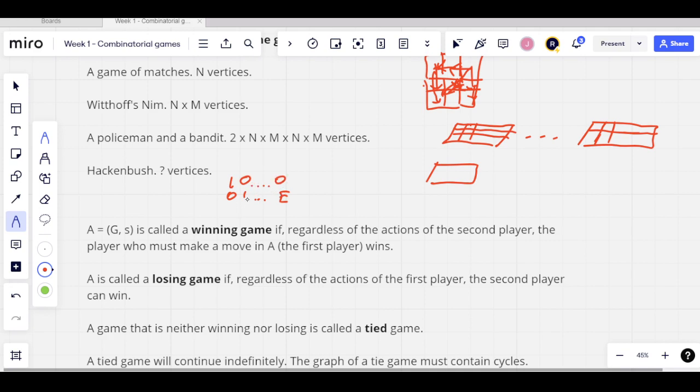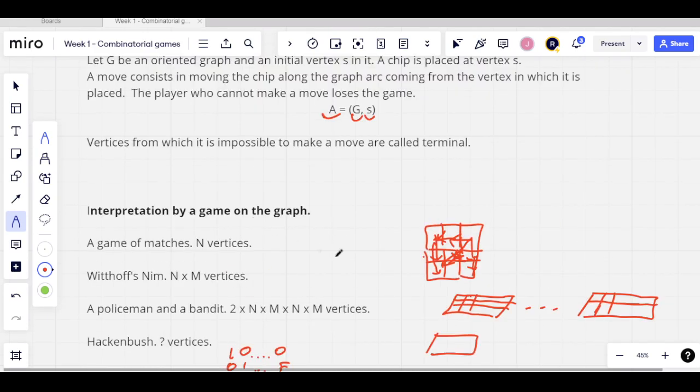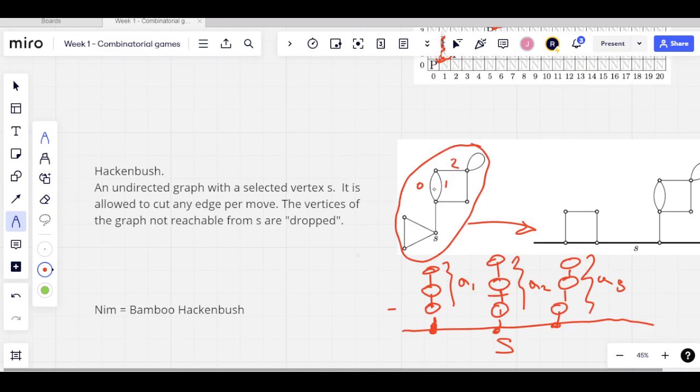How many states do we have in this case? For example, this state represents this graph, where we just cut this edge first.